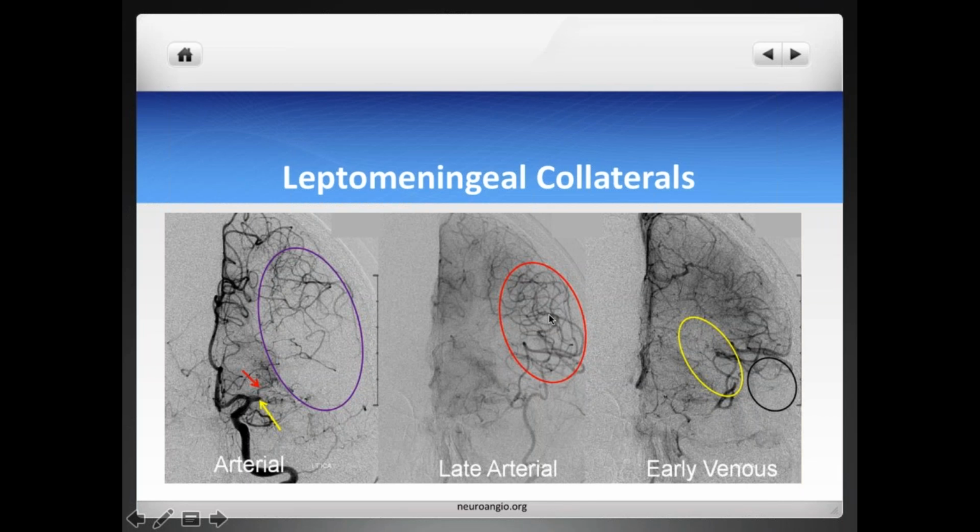Yet when you look at the late arterial phase, you see that the MCA territory is actually still completely perfused. The perfusion is delayed, but it's still completely perfused because of the good amount of leptomeningeal collaterals this patient has coming from anterior cerebral artery collaterals. So a very important concept to keep in mind.